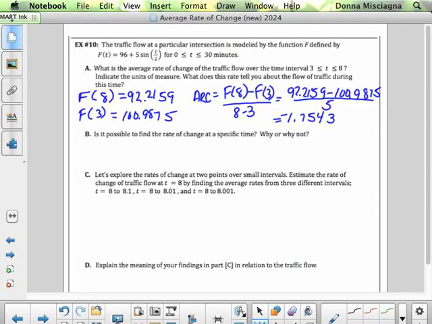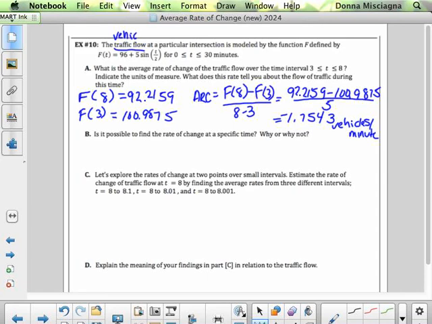This is a problem in context. We need units of measure. And this is vehicles per minute, because the function is measuring traffic flow.